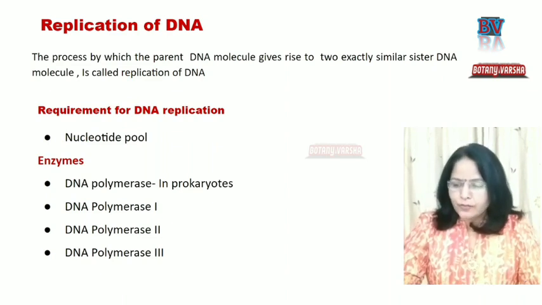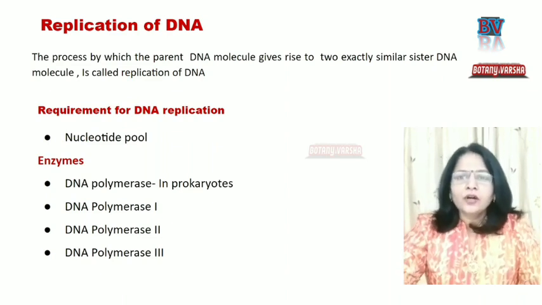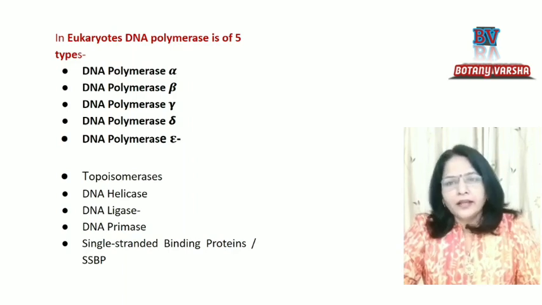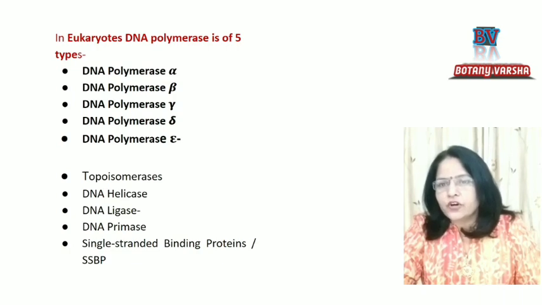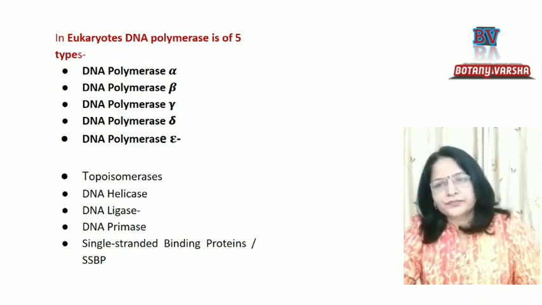DNA dependent DNA polymerase helps in the polymerization and regulates the whole process of DNA replication, with the support of other enzymes. Deoxyribonucleoside triphosphates are the substrate as well as the energy provider for the replication process.